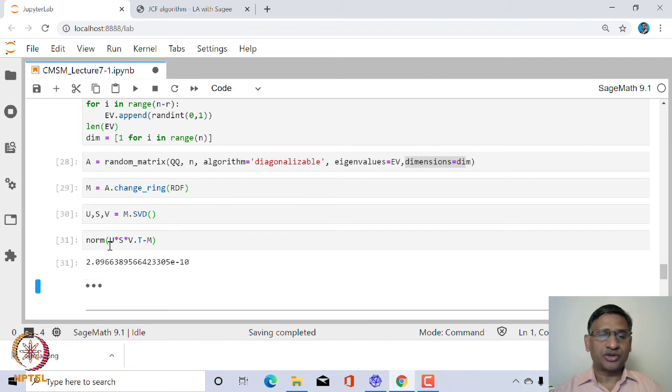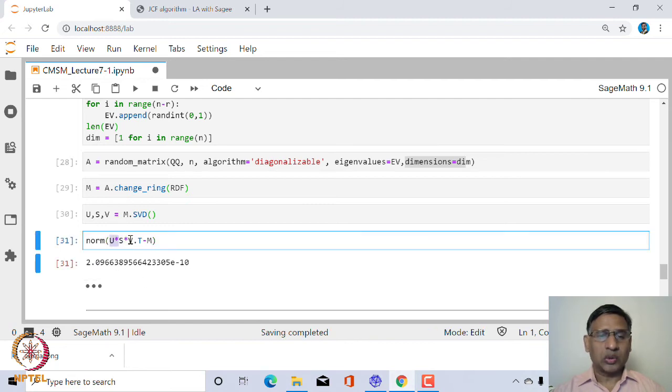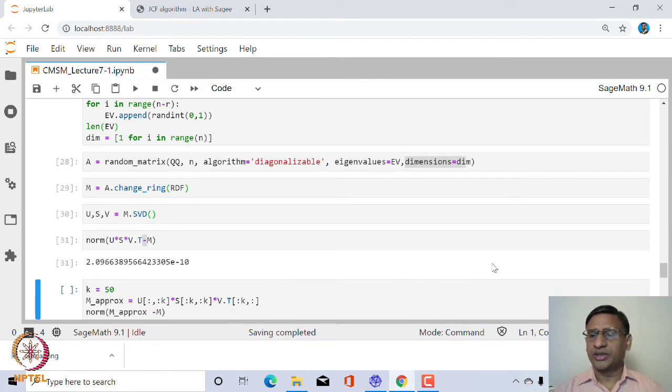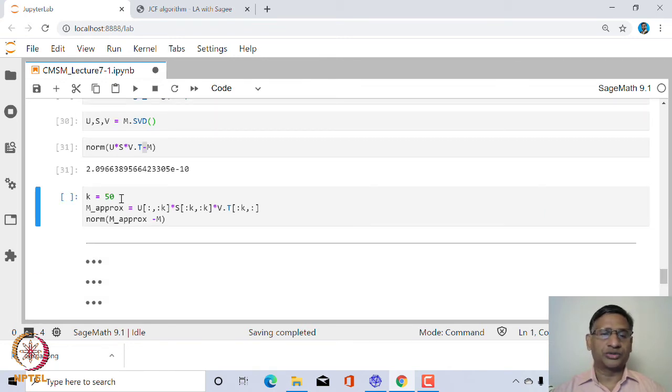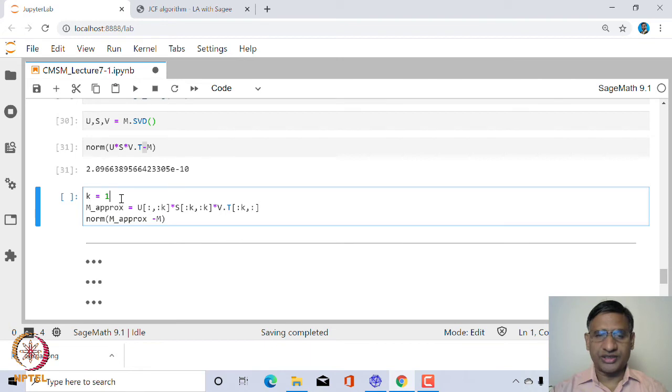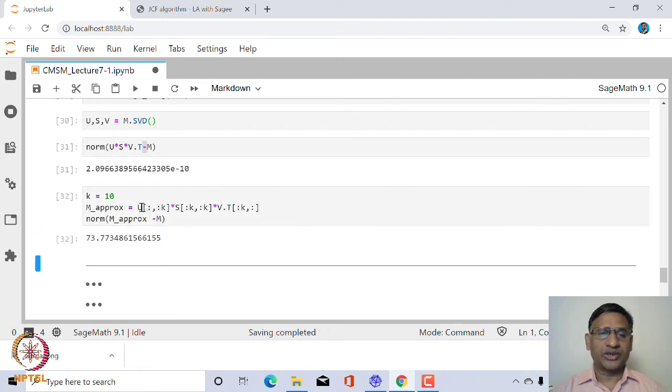Now, suppose instead of taking all the R terms here, we take only the first few terms. So, let us take only the first 10 terms. How will you obtain the first 10 terms?